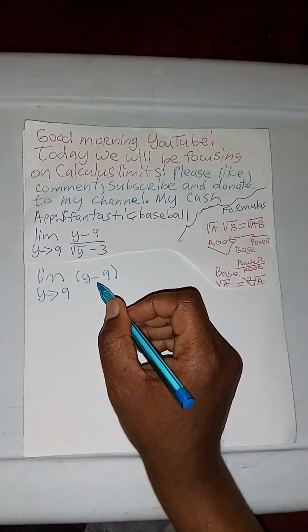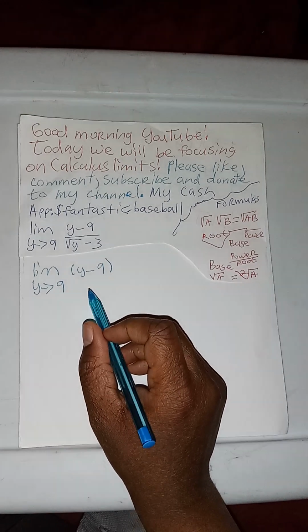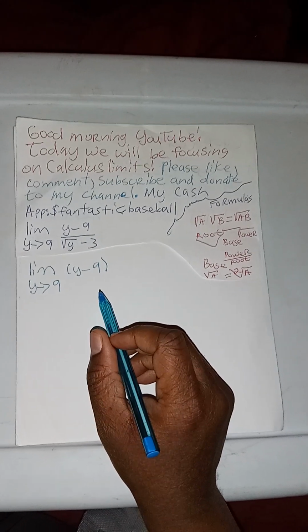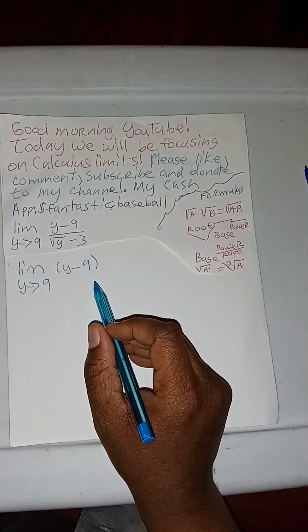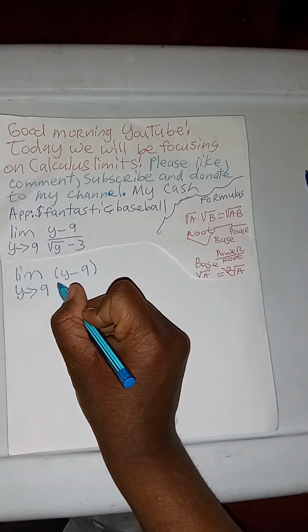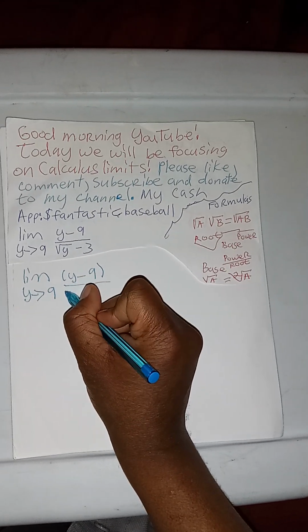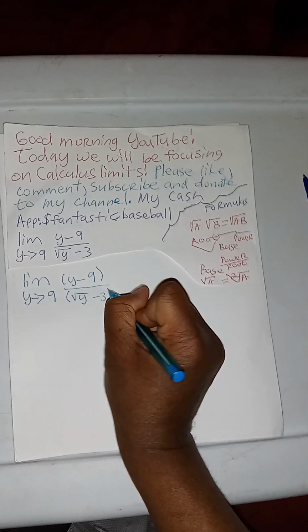When you have two terms at a time, that is considered a binomial. Binomial deals with two terms. So, divided by the parentheses around the square root of y minus 3.